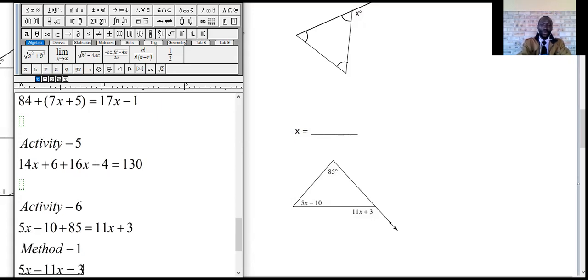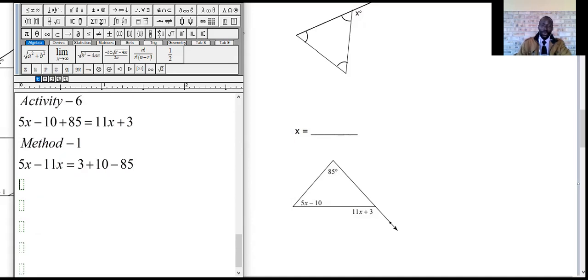On the right-hand side, we are going to have 3 added to 10, and from it we take away 85. Why have we done that? We transferred 10, which is negative on the left-hand side, to the right-hand side, and it becomes positive. And when we transfer 85, which is positive on the left-hand side, it becomes negative on the right-hand side. That is why we have positive 10 here and negative 85.